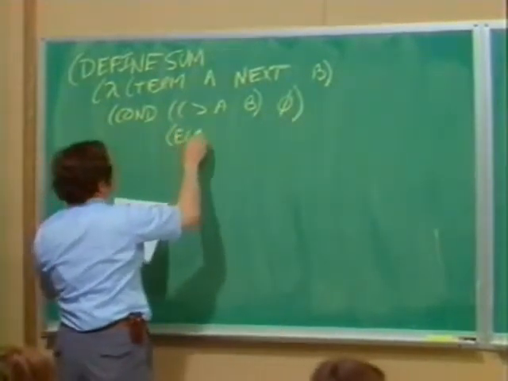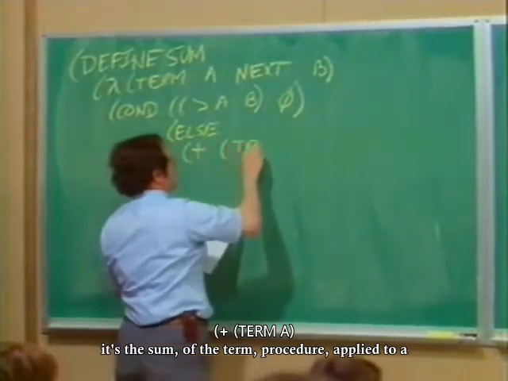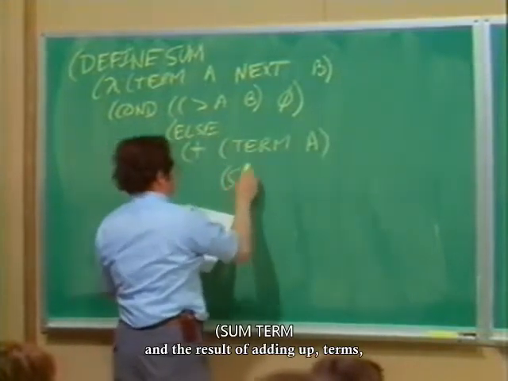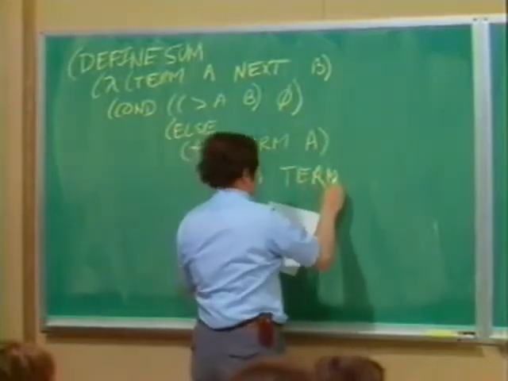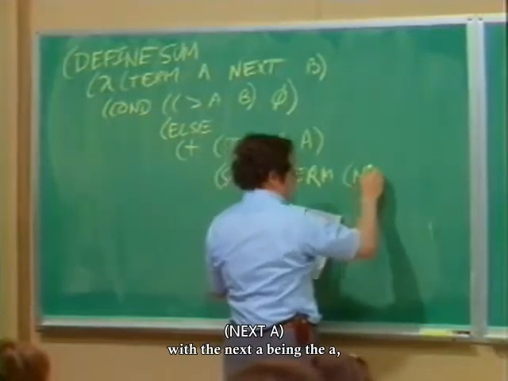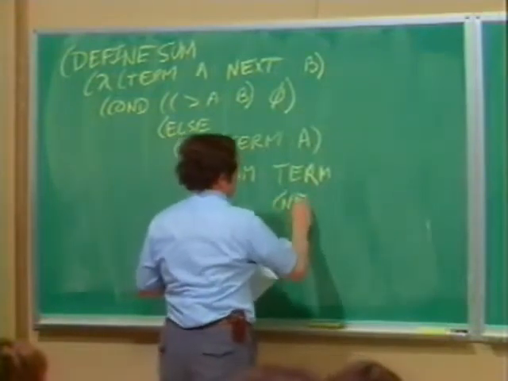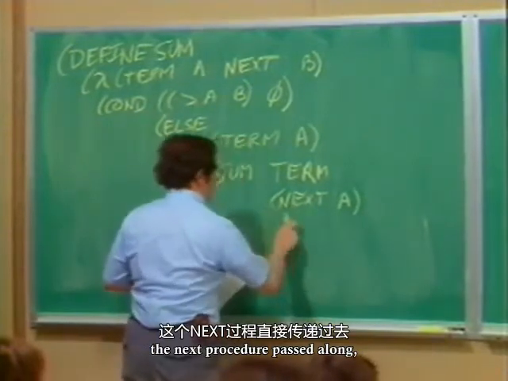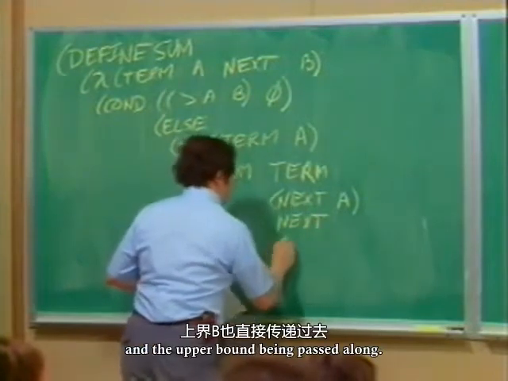Otherwise, it's the sum of the term procedure applied to A and the result of adding up terms with the next A being the next procedure applied to A, the next procedure passed along and the upper bound being passed along.